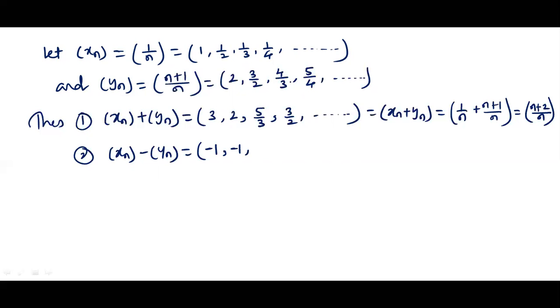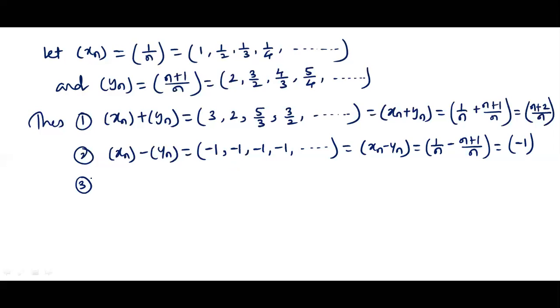Next 1 by 3 minus 4 by 3, minus 3 by 3, minus 1, and you can observe that the next term is also minus 1 because it is xn minus yn, that is a sequence whose nth term is 1 by n minus n plus 1 by n. You can note that this subtraction is nothing but the constant sequence minus 1, whose each term is minus 1.